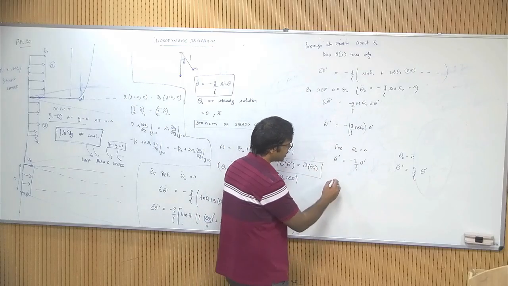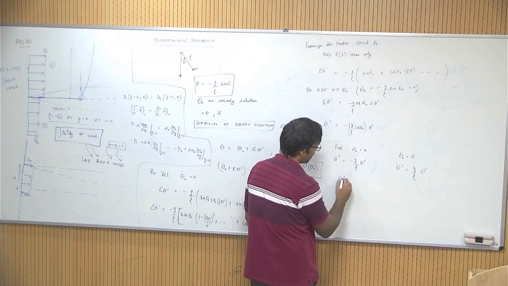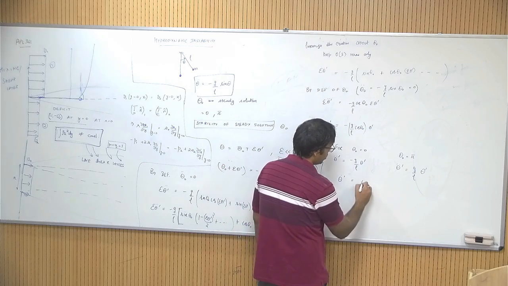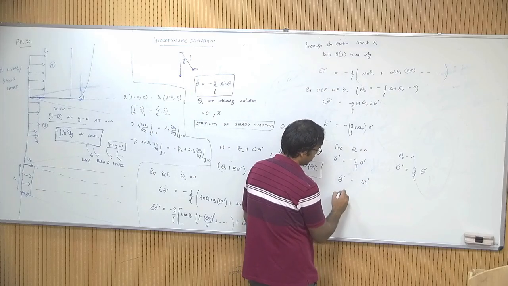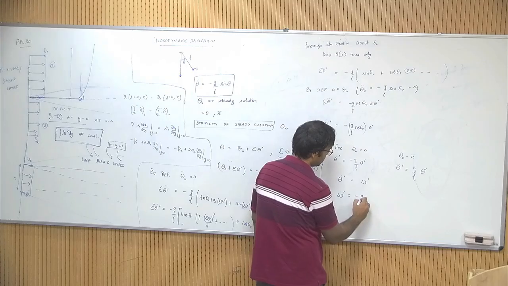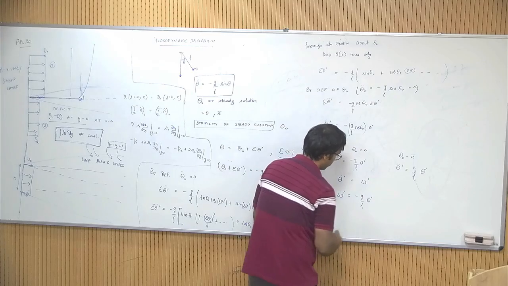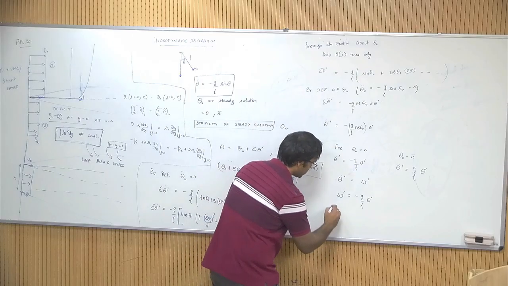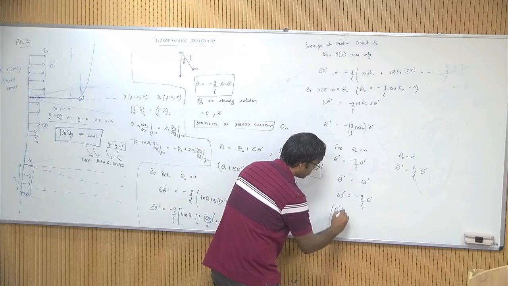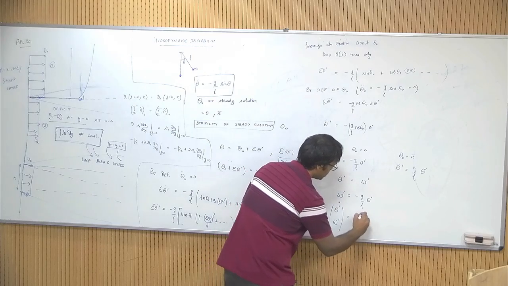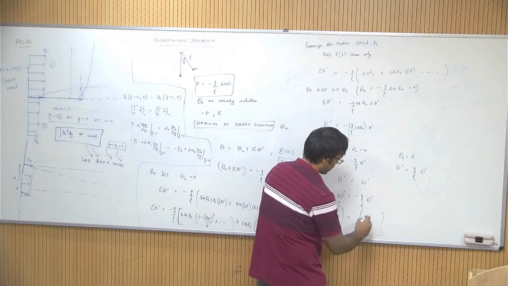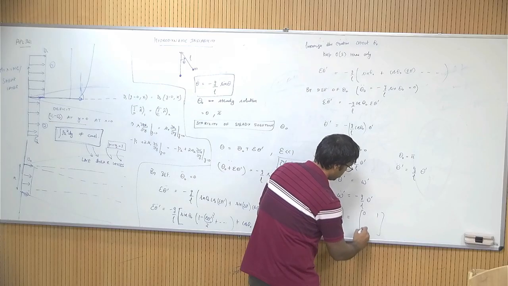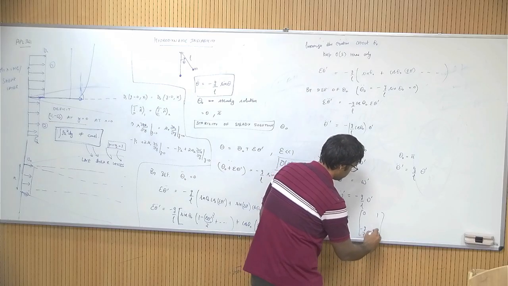What we will do is, let's write theta prime dot as some omega prime, and then omega prime dot is minus g by L theta prime. And what I can do here is that I can write it as theta prime, omega prime dot equals, and I can write this in the matrix form, 0 1, minus g by L 0.